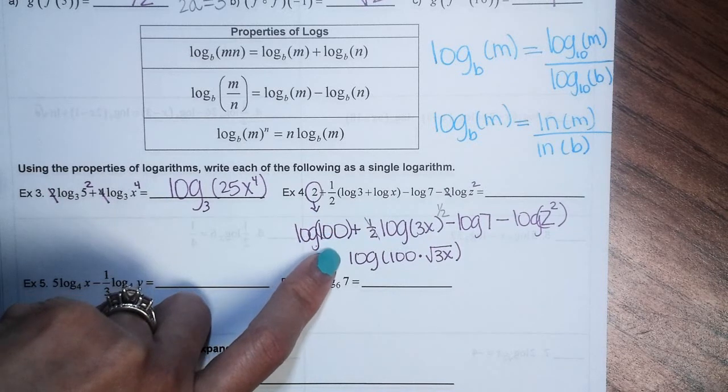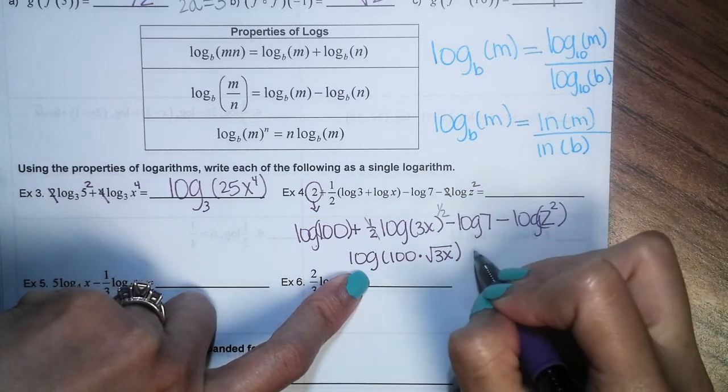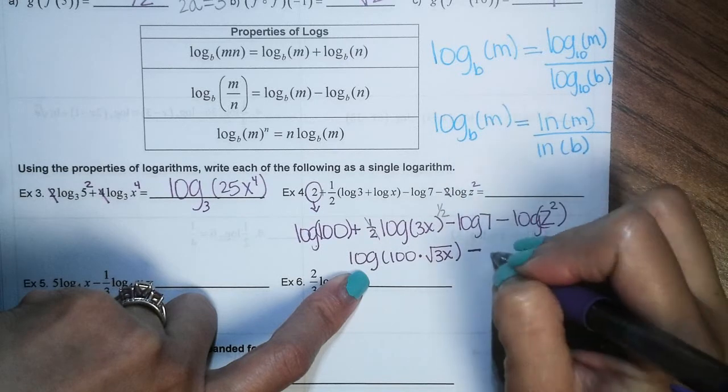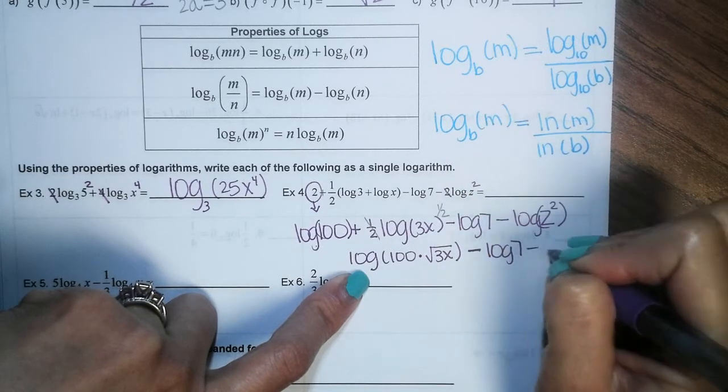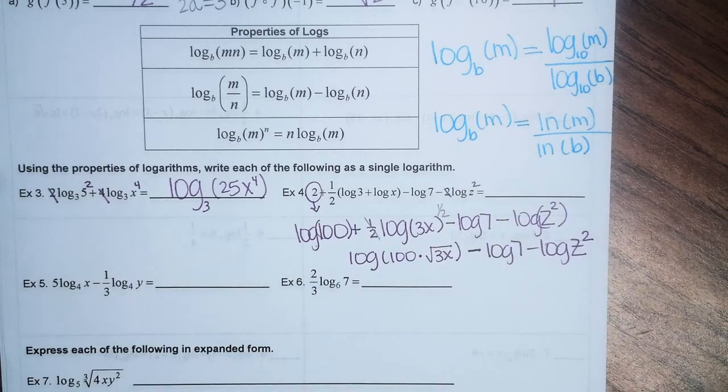So now I have log of 100 times the square root of 3x minus log 7 minus log z squared. And you can do that in fewer steps if you want. I'm just showing you all my steps.